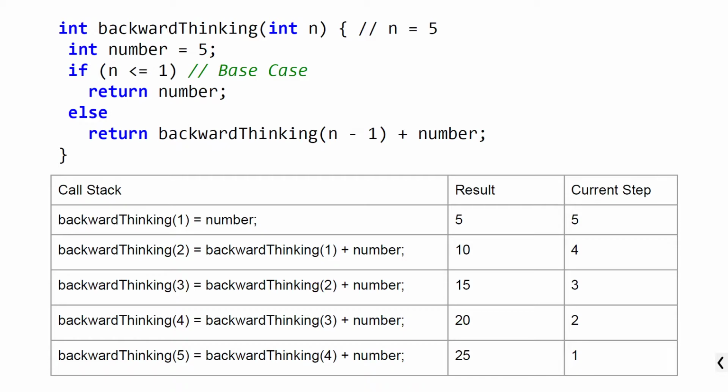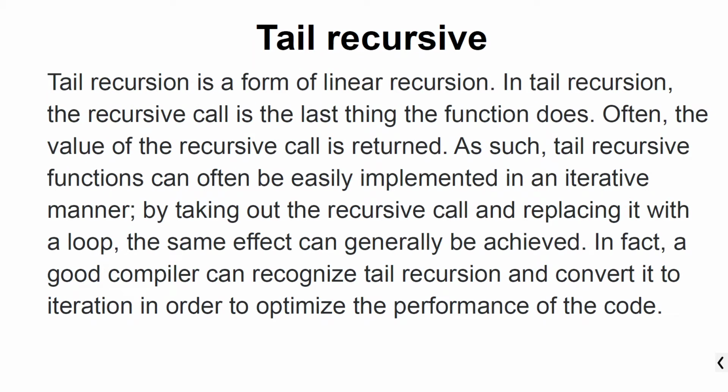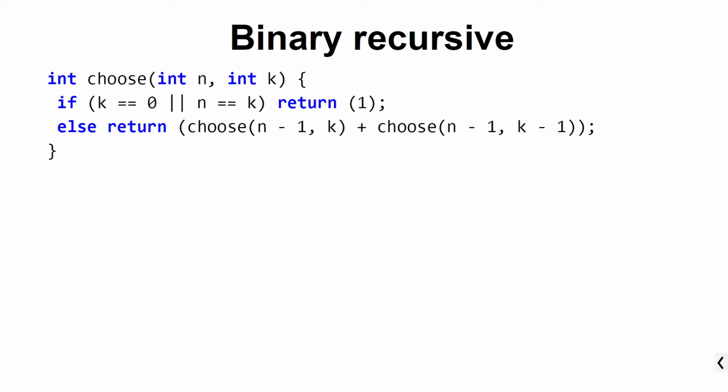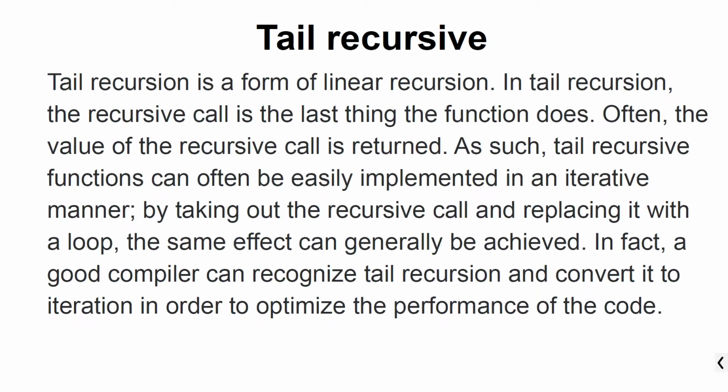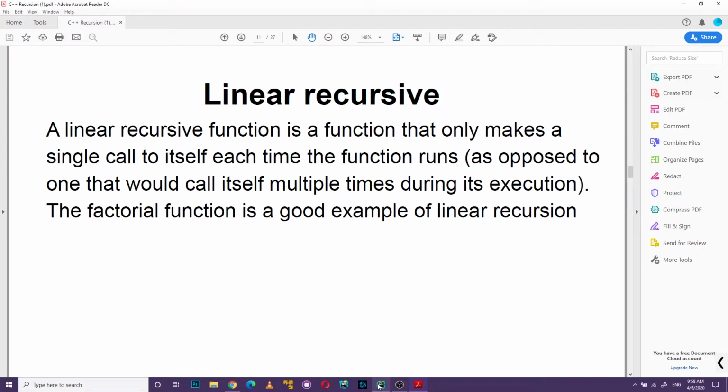And here is also linear recursion because you're calling itself only once in every iteration. There is also a tail recursive function. There is no factorial added here. We write some code then. Sorry, the factorial function is a good example of linear recursion.